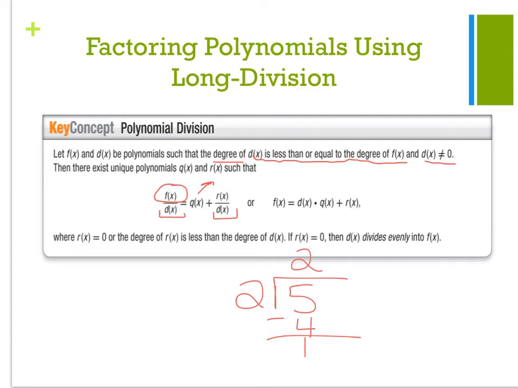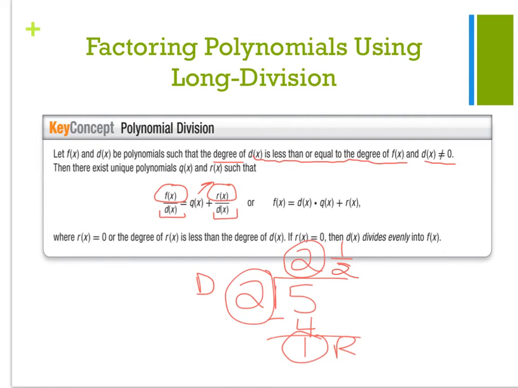Subtract, I get a remainder here, and when I write out the remainder up on top where my quotient is 2, the remainder then is not 1, it's 1 over the divisor. Right, here's the divisor, here's the remainder. So we're going to get the remainder, r of x, divided by the divisor, which was 2.